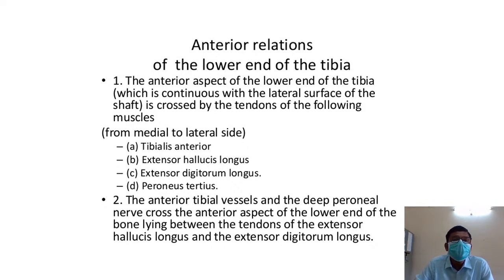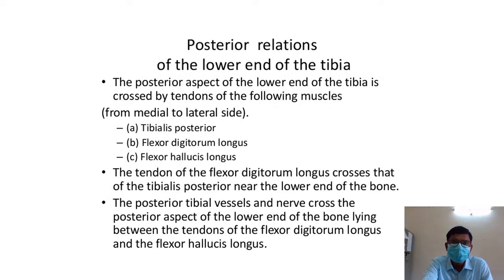These are all the muscles which cross the anterior aspect of the lower end of the tibia, from medial to lateral side. The anterior tibial vessels and the deep peroneal nerve cross the anterior aspect of the lower end of the bone lying between the tendons of extensor hallucis longus and the extensor digitorum longus.